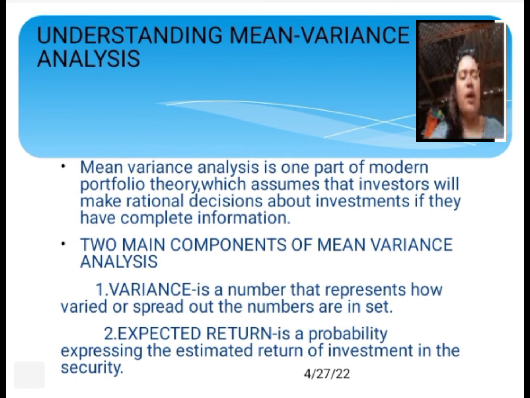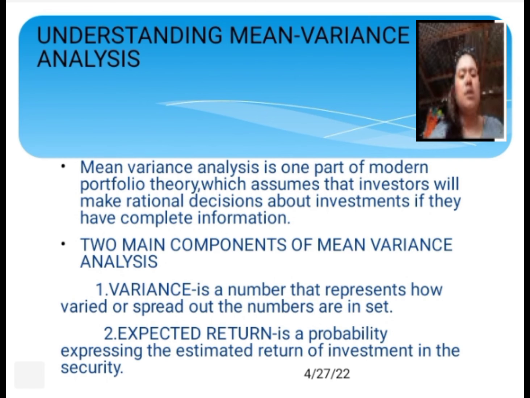There are two main components of mean variance analysis. First is variance. Variance is a number that represents how varied or spread out the numbers in a set are. For example, variance may tell how spread out the returns of a specific security are on a daily or weekly basis.